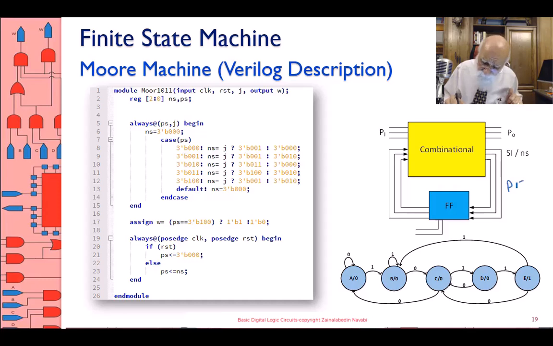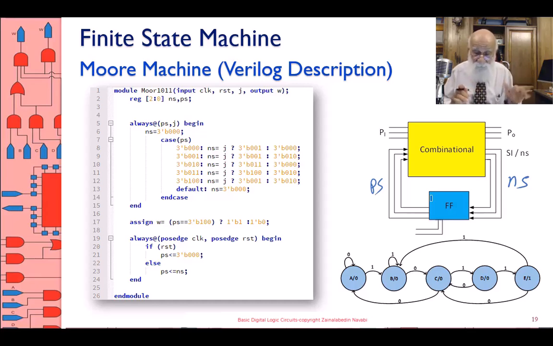I have a present state going into my flip-flops, a present state as the output of the flip-flops, and a next state which will be decided by the combinational circuit that are the inputs of the flip-flop. And therefore, I have a register part that takes next state and clocks it into the present state.